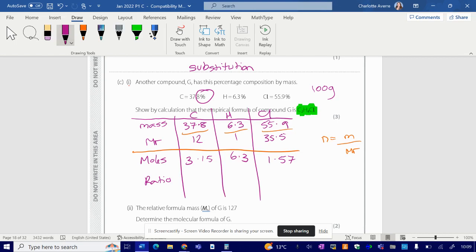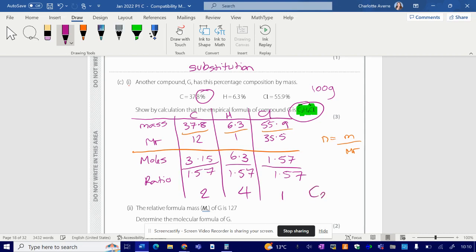To do that, we decide which one is smallest and we divide by the smallest number. 1.57 is the smallest, so I'm going to divide everything by 1.57. Okay, 1.57 divided by itself is 1. 3.15 divided by 1.57 is 2, and 6.3 divided by 1.57 is 4. So we have then proven the ratio that is listed here. We've got 2 carbons, 4 hydrogens and 1 chlorine.